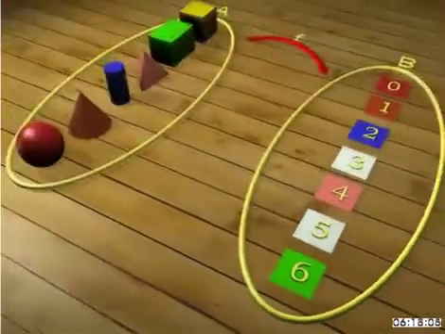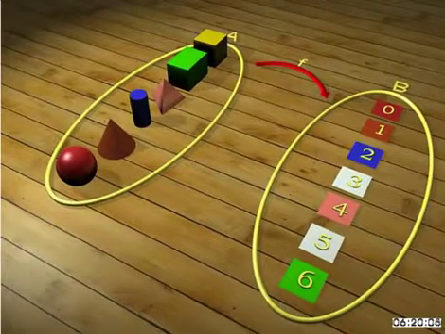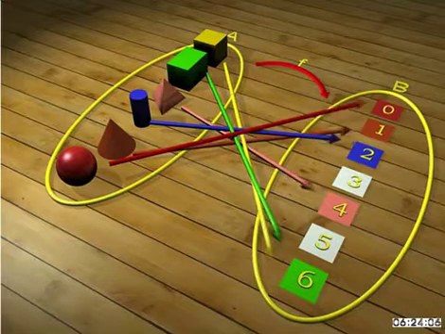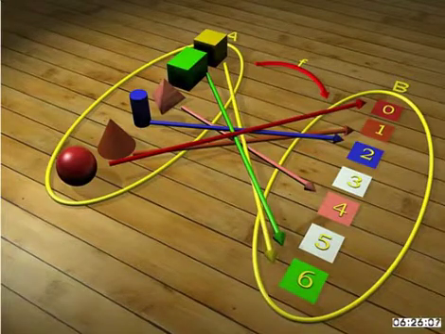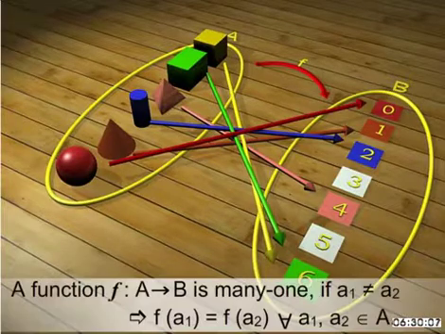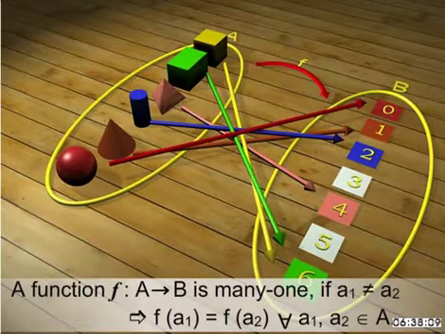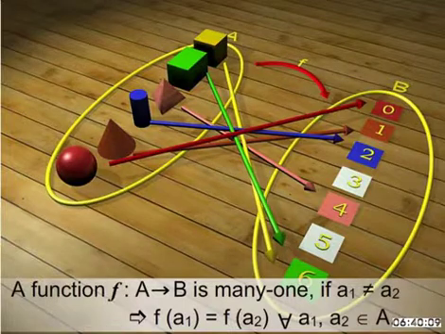Then two solids, cube and cuboid, in the domain A have 6 faces each, so they have only one element as image in the codomain B. Such a function f from A to B is said to be many-one if two or more than two elements in set A have the same image in set B.